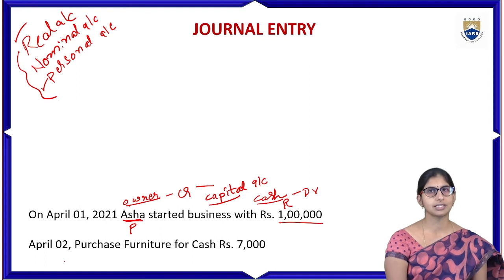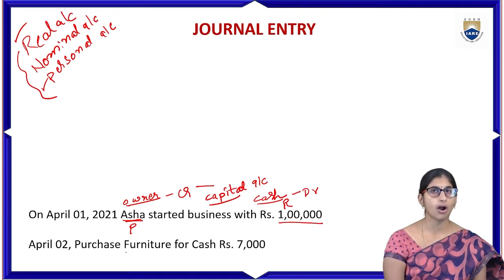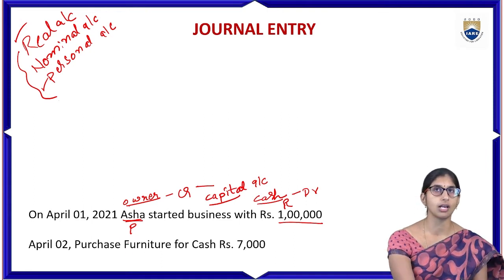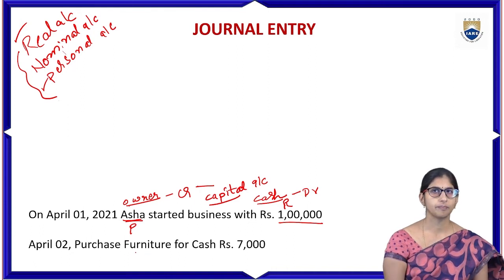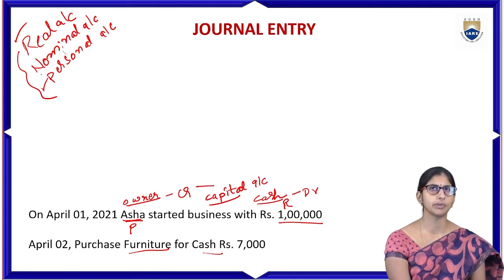Now coming to the second transaction, that is on April 2nd, purchase furniture for cash. What are the important items which are going to fall under these accounts? Furniture and cash are the two important items. Furniture: is it a regular expenditure?